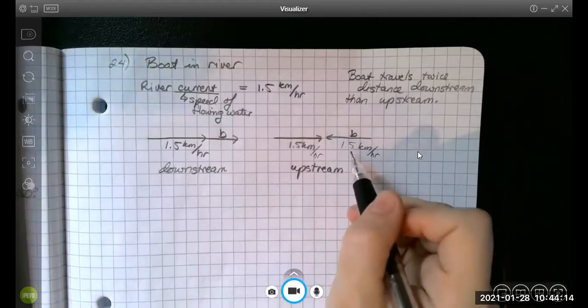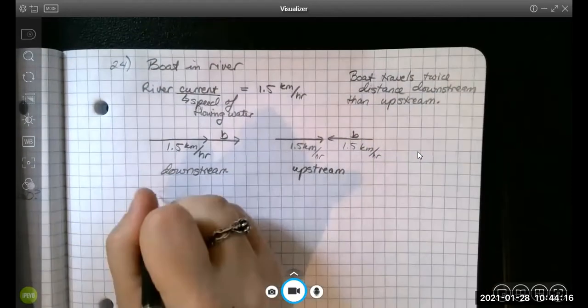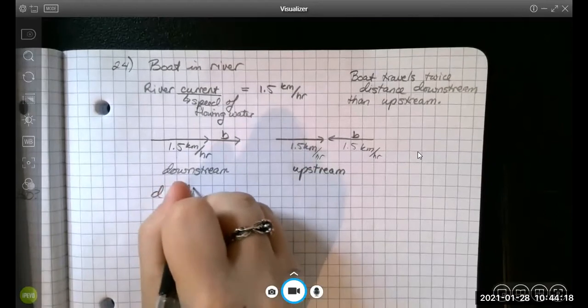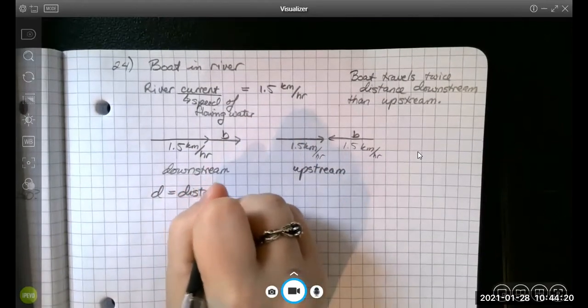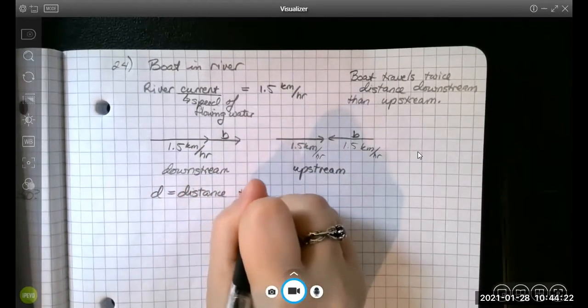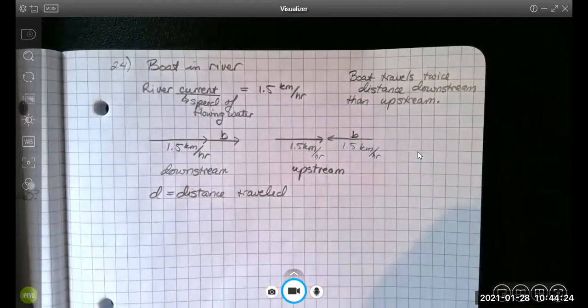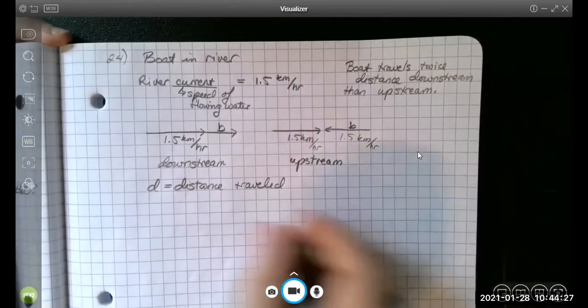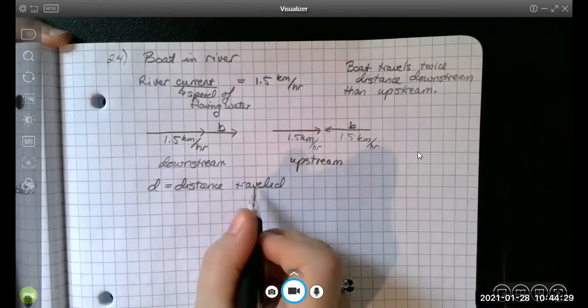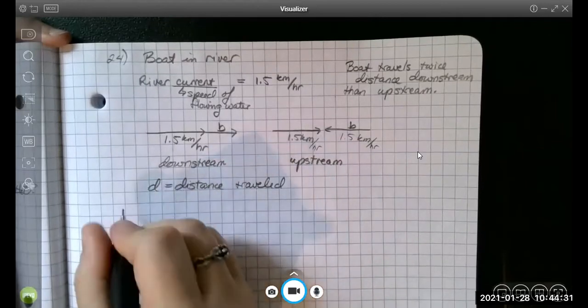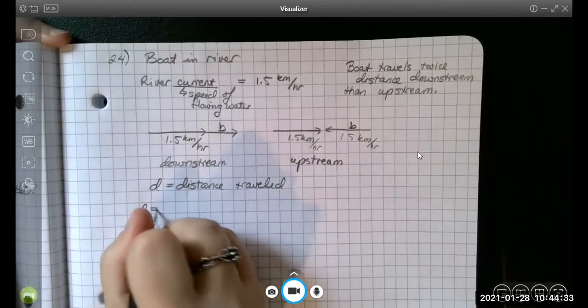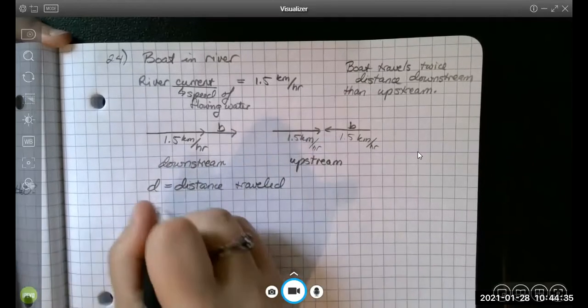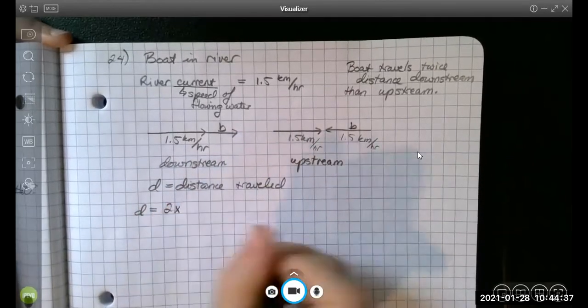So that doesn't work. So I'm going to say let D equal distance traveled. And so our distance traveled going downstream, D equals 2x.